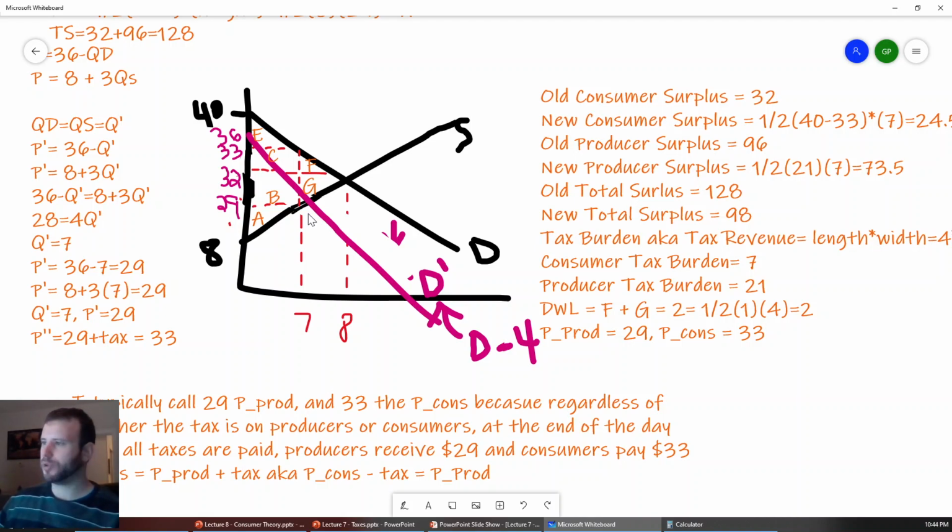So just to recap, for a tax on consumers, you're going to decrease the demand curve because consumers will have a lower willingness to pay for the good, since they're factoring in the tax they have to pay. For a tax on producers, you're going to shift the supply curve up, and then when you solve for the equilibrium, you're solving for P cons, the 33.